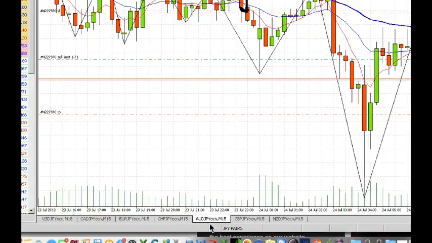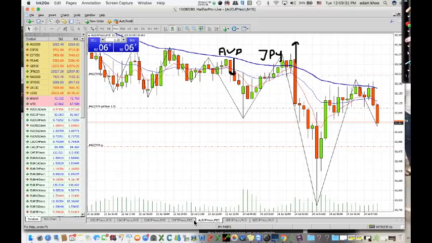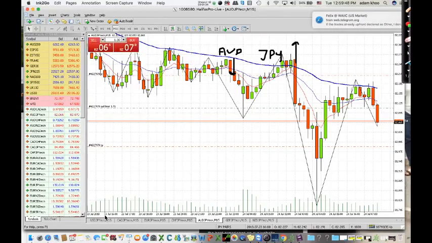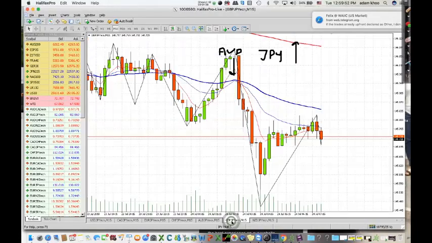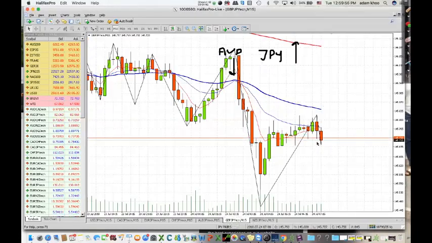So over here you can see that when I'm looking at the Aussie yen pair, I also like to look at all the other yen pairs. So dollar yen, CAD yen, euro yen, franc yen, pound yen, New Zealand yen, right? So again, I'm short Aussie, which means I'm long yen, right? So I like to see the other yen pairs showing yen to be strong as well, right? So if you look at pound yen, you can see it's also going down, right? Which means yen is going up.